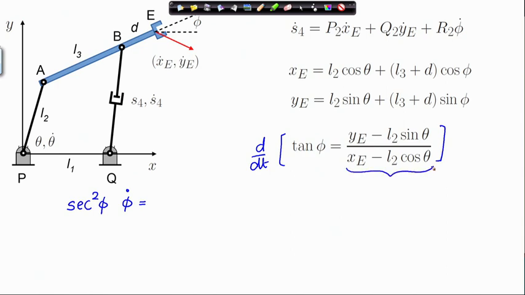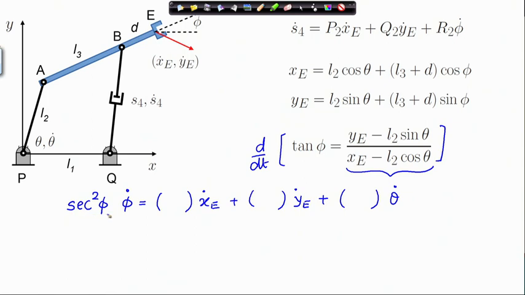Now, if you think a little bit, it will be absolutely clear that the time derivative of this ratio can be expressed in the form something times x e dot plus something times y e dot plus something times theta dot. Now, this time derivative is straightforward, but there will be a little bit of algebra in this.